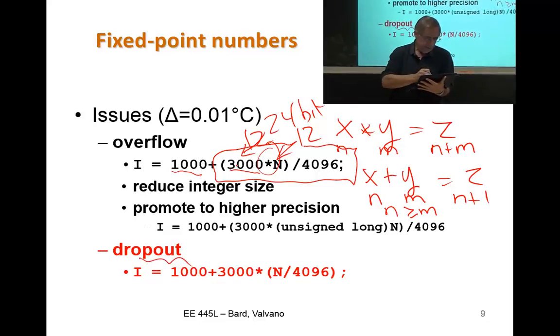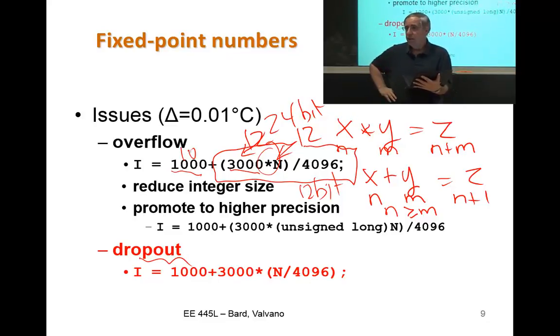And so if this portion here is 12 bits, how many bits is 1,000? The number 1,000 is how many bits? 10. Okay, so if I take a 10-bit number and a 12-bit number and I add them together, what do I get? 13 bits. Okay.